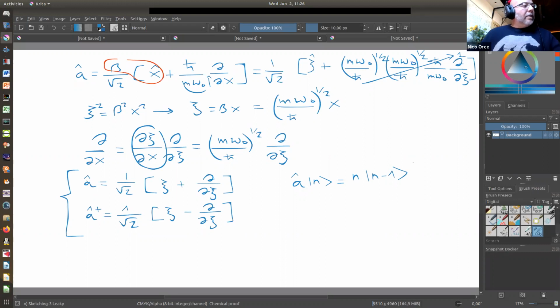I don't remember now if that's the equation, but I think so. And we have that A dagger applied on n is equal to the square root of n plus 1 times the wave function of n plus 1.